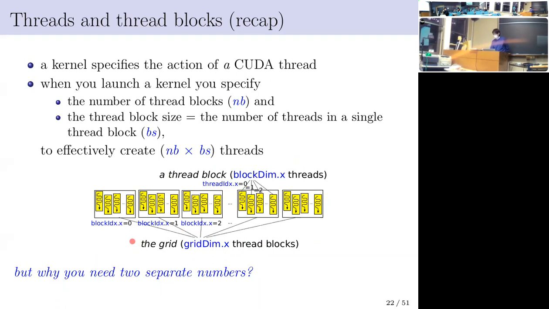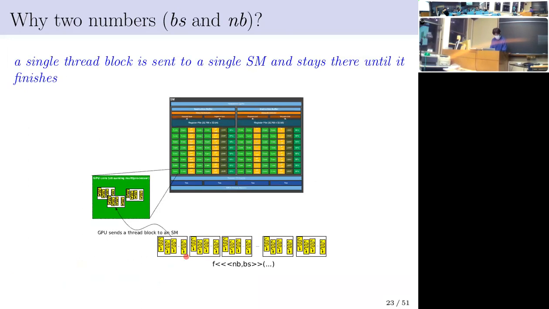So you might naturally wonder why you need to specify two separate numbers rather than, okay, in total, I would like to get 1,000 threads, for example. There are several reasons for that. A few reasons I'm going to get into in the next couple of slides are semantically important, something that affects the correctness of your program.